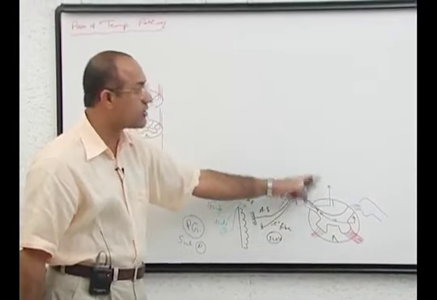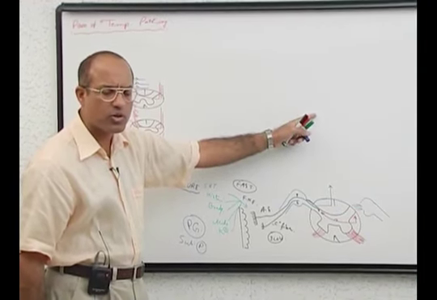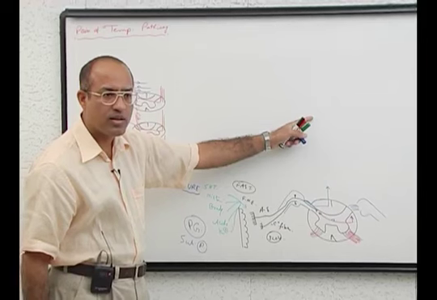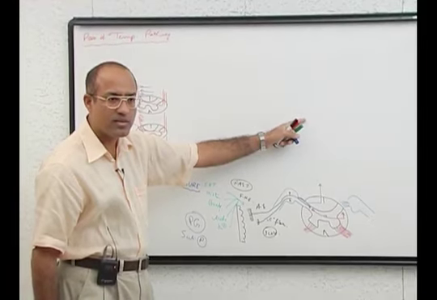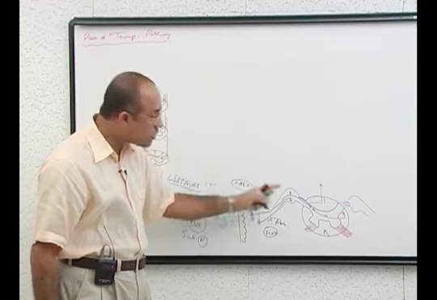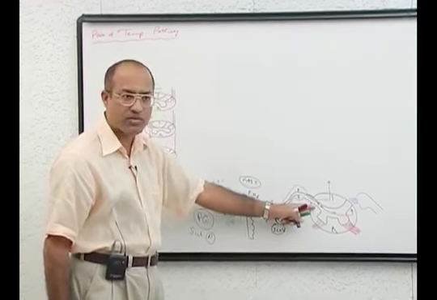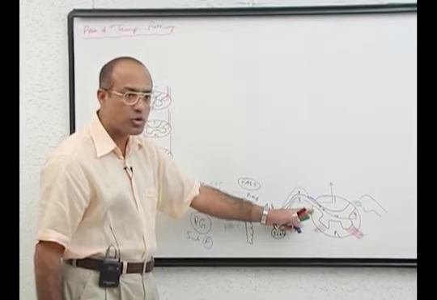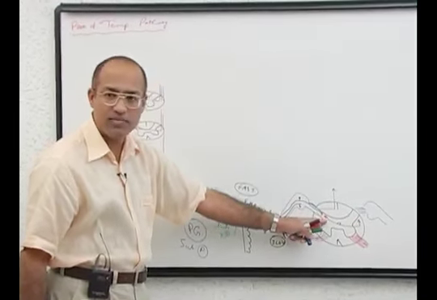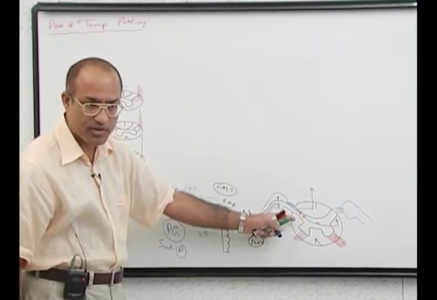And in dorsal system, the cell bodies of second order neurons were present in nucleus gracilis and cuneatus. But in anterolateral system, which we are talking about right now, the pain pathway and thermal pathway, second order neuron cell bodies are present within the spinal cord, at the level of entry.